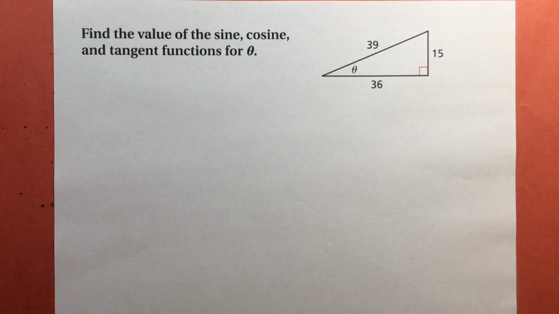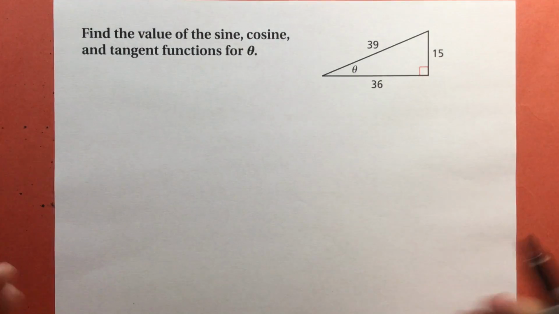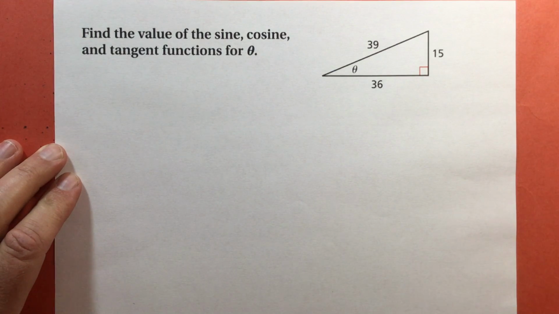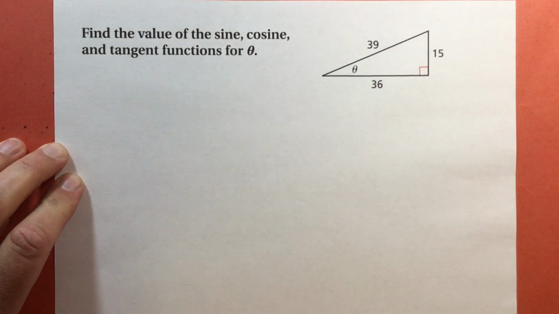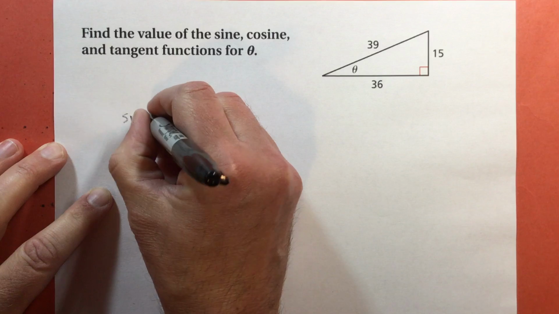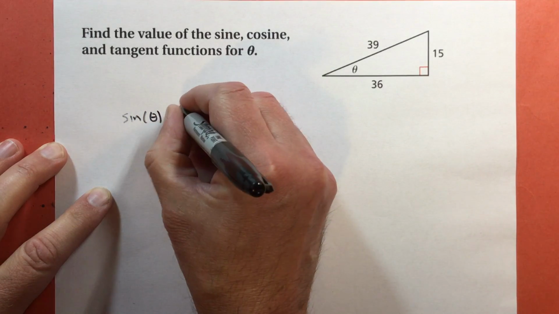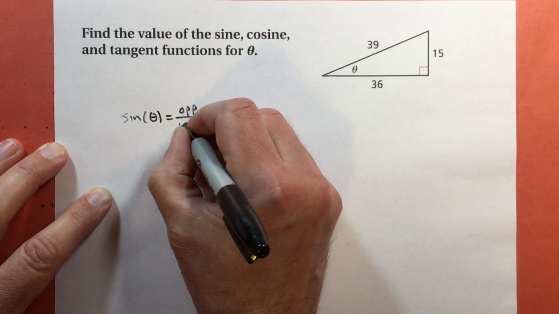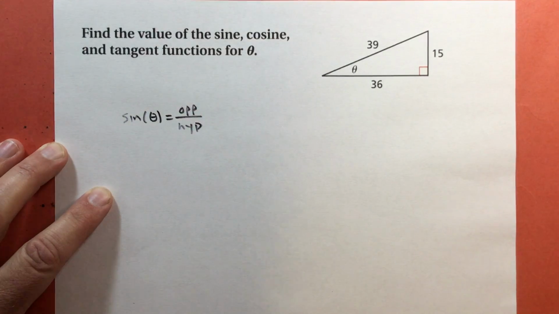What I want to do is find the trig functions for this angle theta. I don't know what the angle is. That'll come up later. I know I keep saying that, don't I? But I want to find out what the trig relationships are for this triangle. Okay, so I know that sine of theta is going to be the opposite, and I'm just abbreviating OPP for opposite and HYP for hypotenuse.